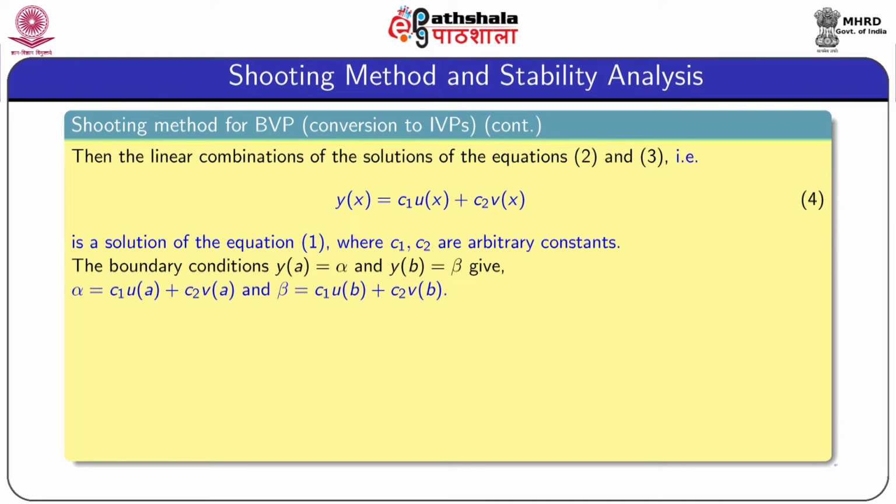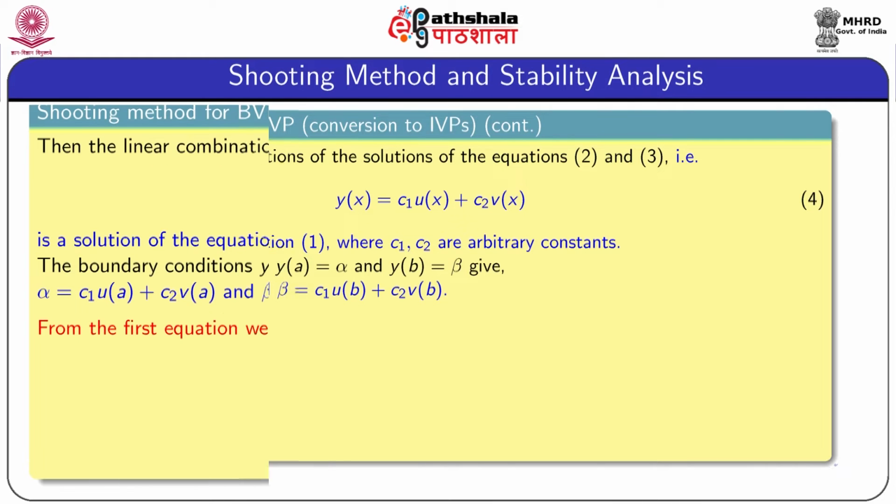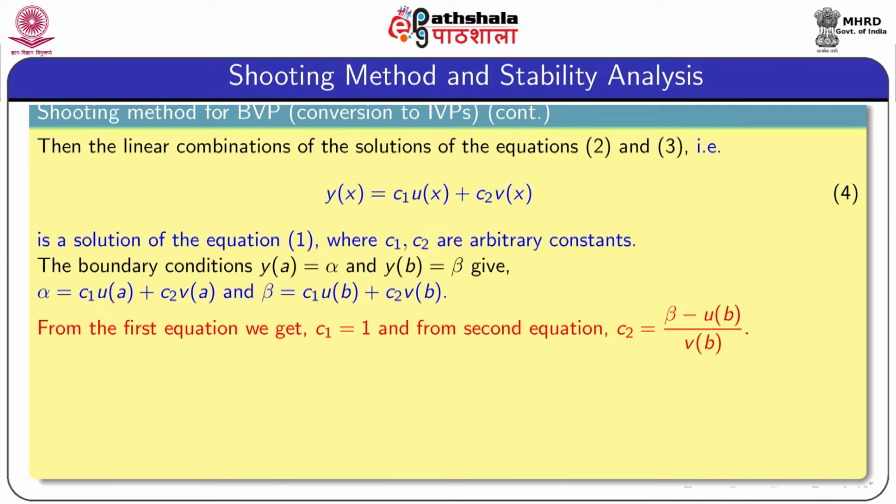So, for these boundary conditions and using equation 4, we have two equations, alpha equal to c1 u(a) plus c2 v(a), and beta equal to c1 u(b) plus c2 v(b), and solving these two equations we get c1 equal to 1 and c2 equal to (beta minus u(b)) divided by v(b).